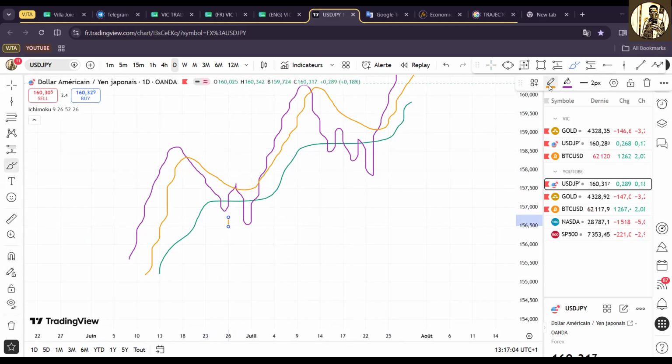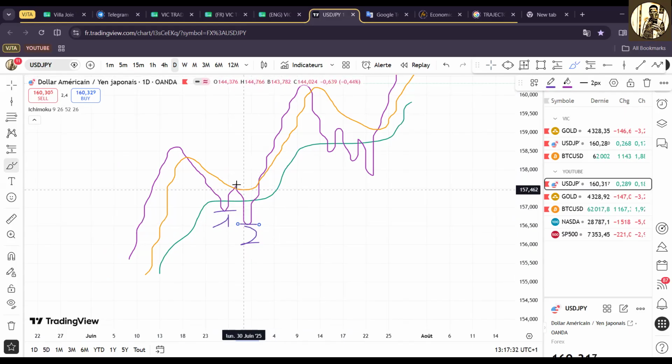First time Kijun touched. Second time Kijun touched, that is below the first time. When Kijun is touched for the first time, the price will go above Kijun, touching Tenkan, then go back down.